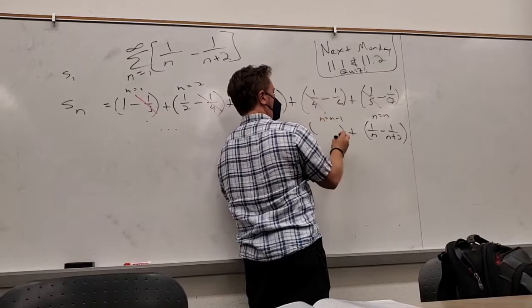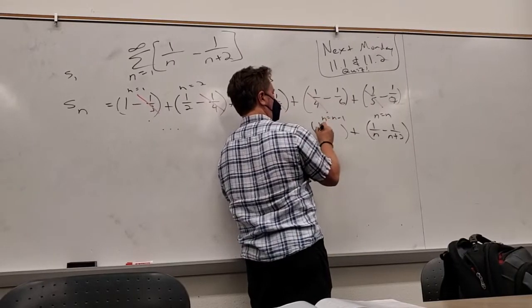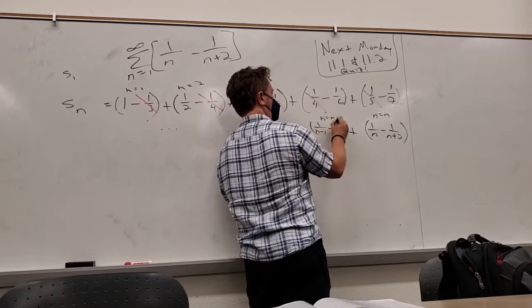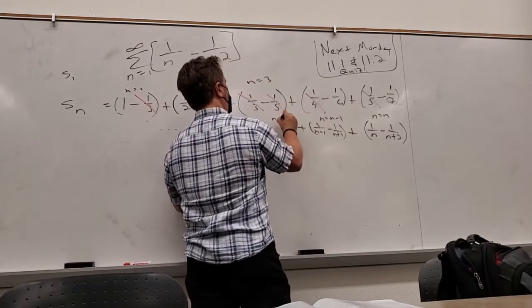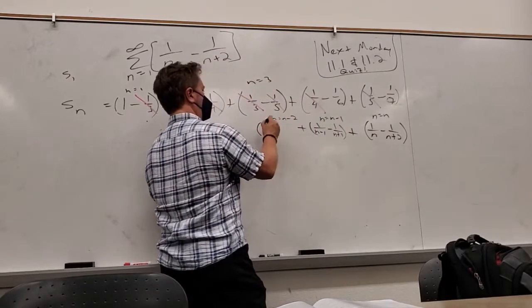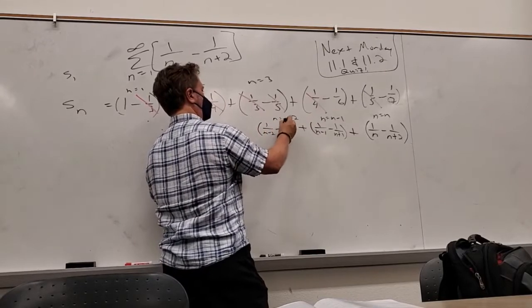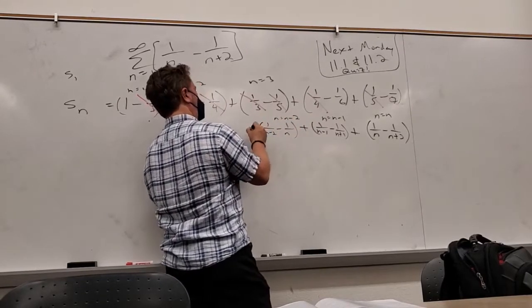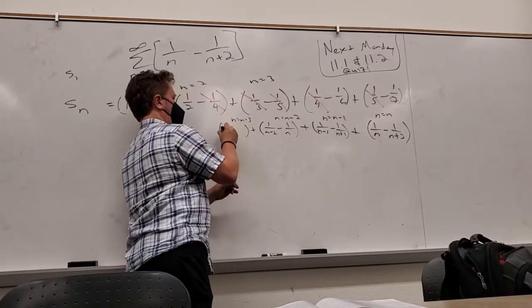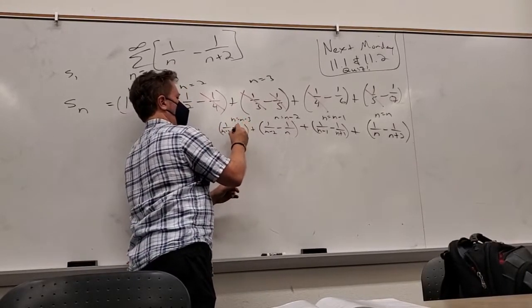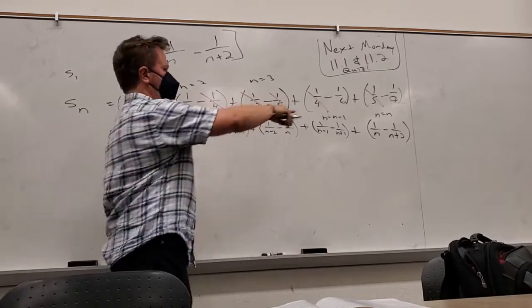So what do I get then? If I let n equal n minus 1, this will be 1 over n minus 1 minus 1 over n plus 1. Good. And n equals n minus 2: 1 over n minus 2 minus 1 over n. Good. And 1 over n minus 3 minus 1 over n minus 1. All right, let's see what's happening.